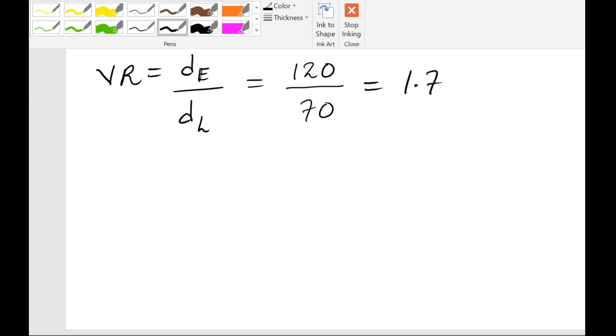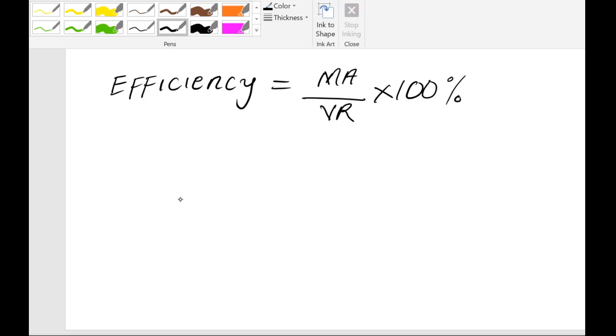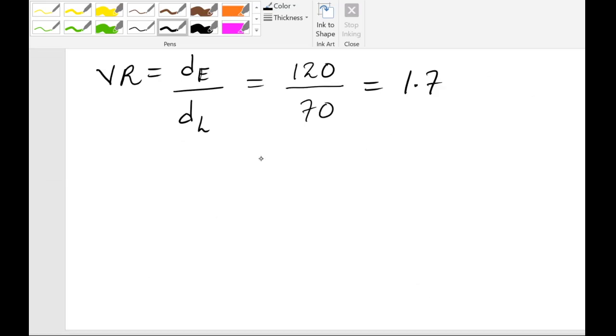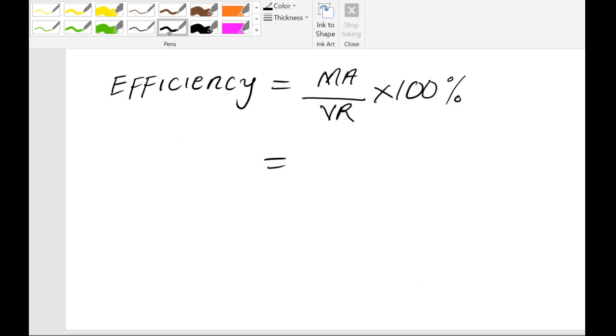Therefore, going back to our efficiency, efficiency is going to be mechanical advantage over velocity ratio. We found the mechanical advantage to be 1.7. The velocity ratio is also 1.7. So mechanical efficiency is therefore going to be 1.7 over 1.7 times 100.